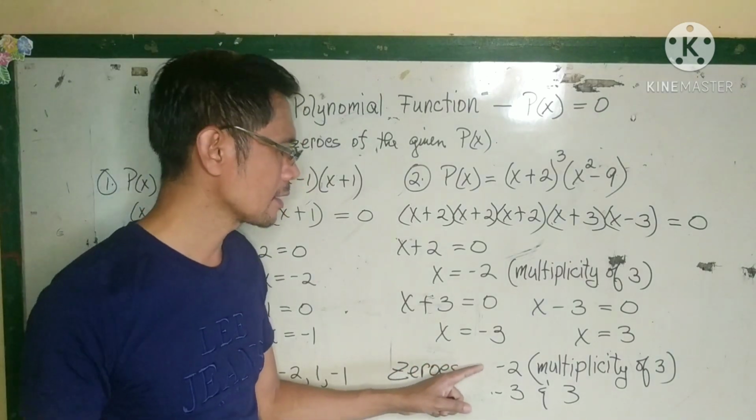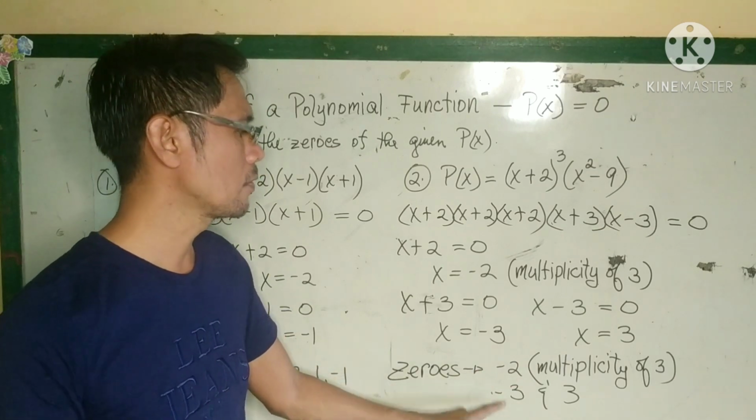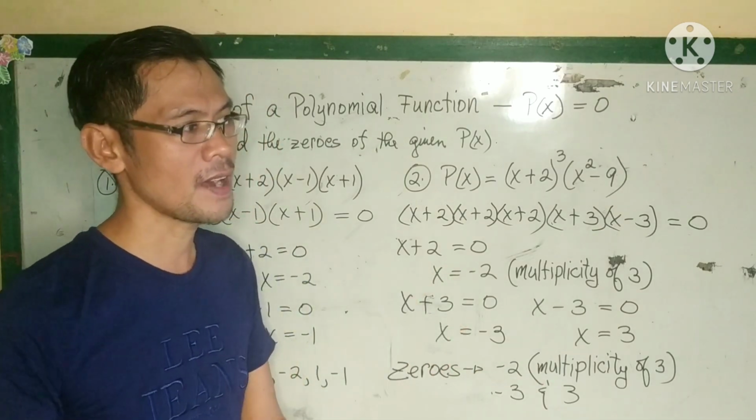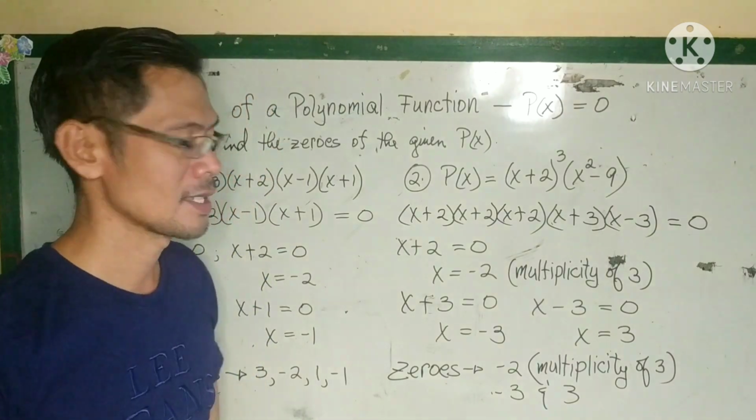So there are negative 2 three times, so 3, 4, 5. There are 5 roots of the given p of x.